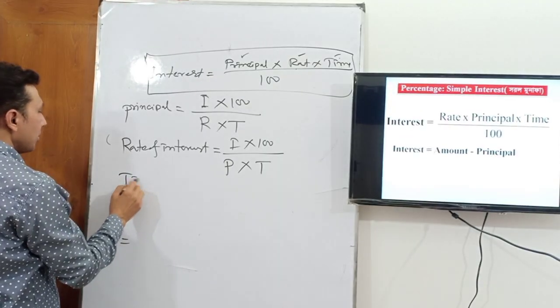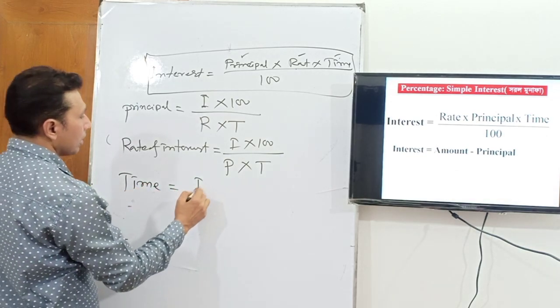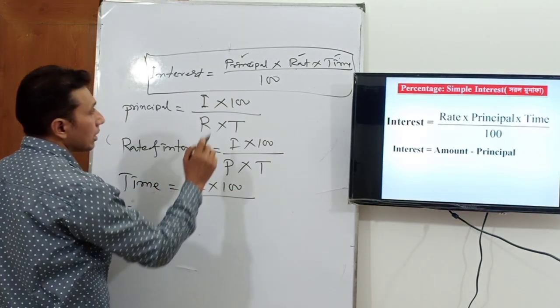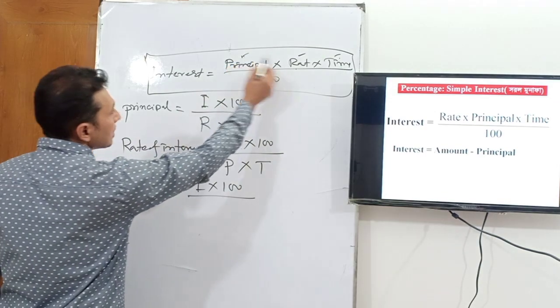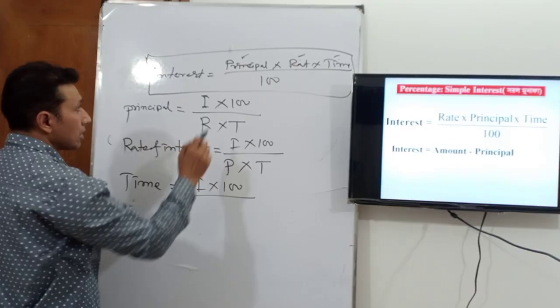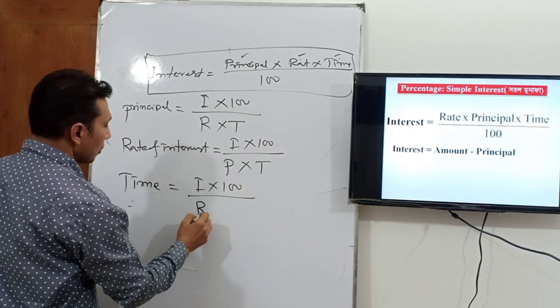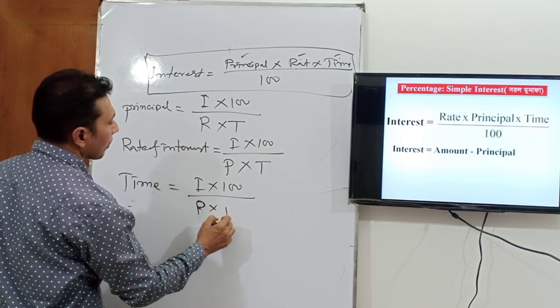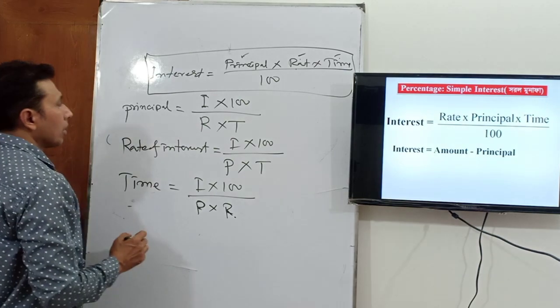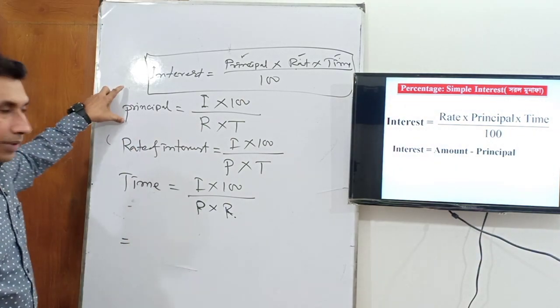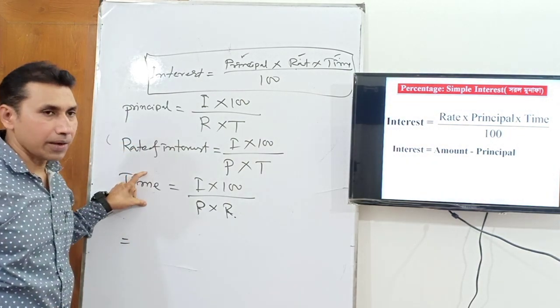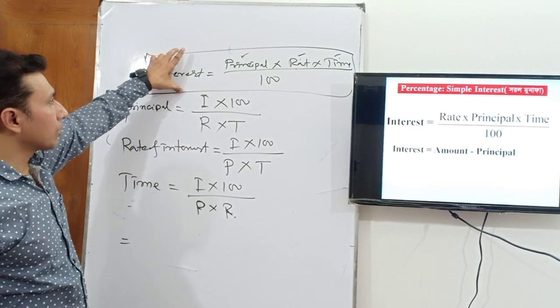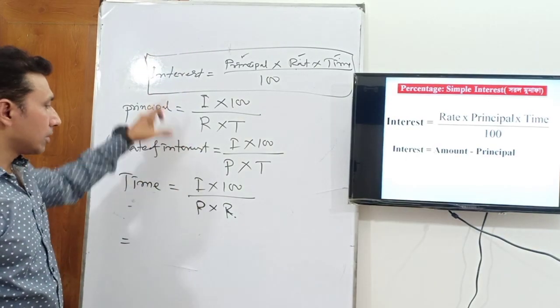Next, time equal to interest into 100 divided by principal into rate. So these are the formula of principal, rate of interest and time. You must write from this formula another 3 items.